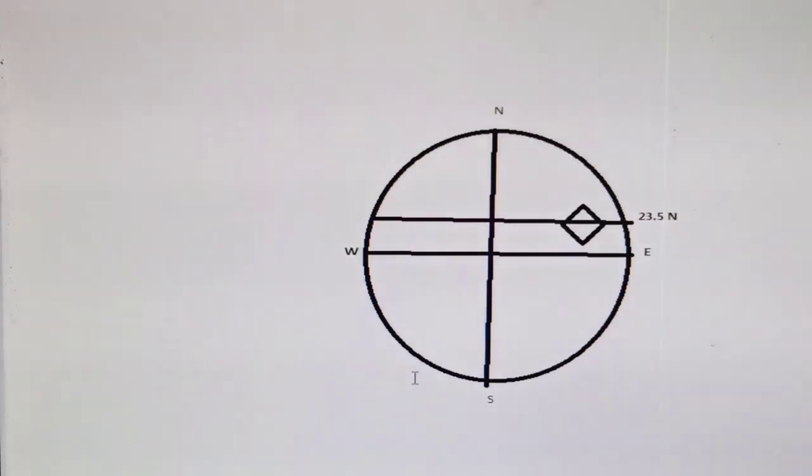India lies in which hemisphere? India lies in the northern hemisphere. India lies in the northeastern hemisphere. That's why we are taking the position in north as well as in east, right?